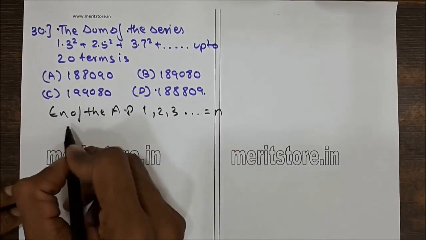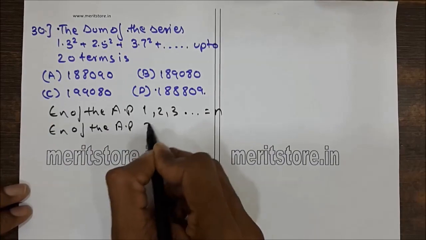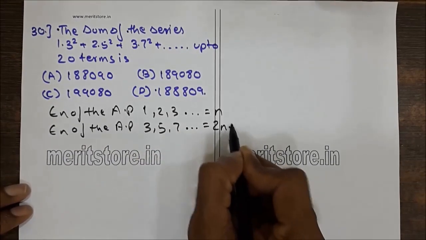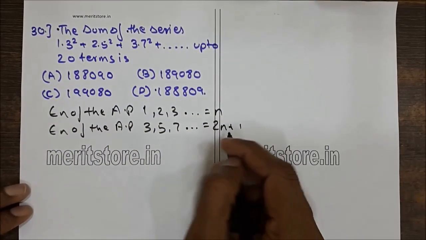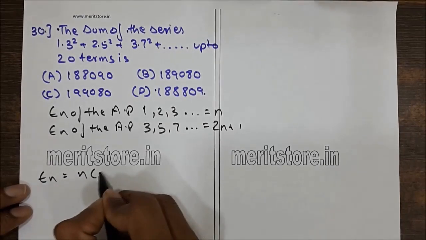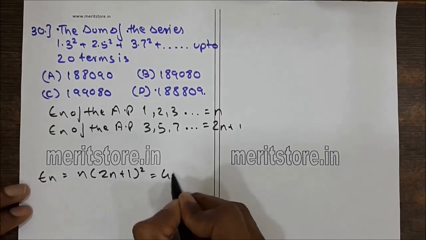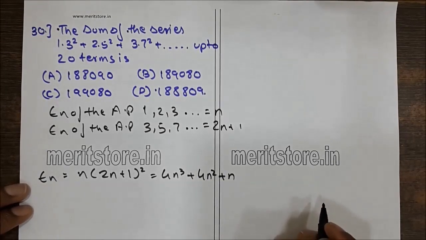And for the second factor, the AP is 3, 5 and 7, which is equal to 2n plus 1. As we see, it is a square, so the term we get is 2n plus 1. So Tn of the given series can be written as n into (2n plus 1) the whole square, that is equal to 4n cube plus 4n square plus n.